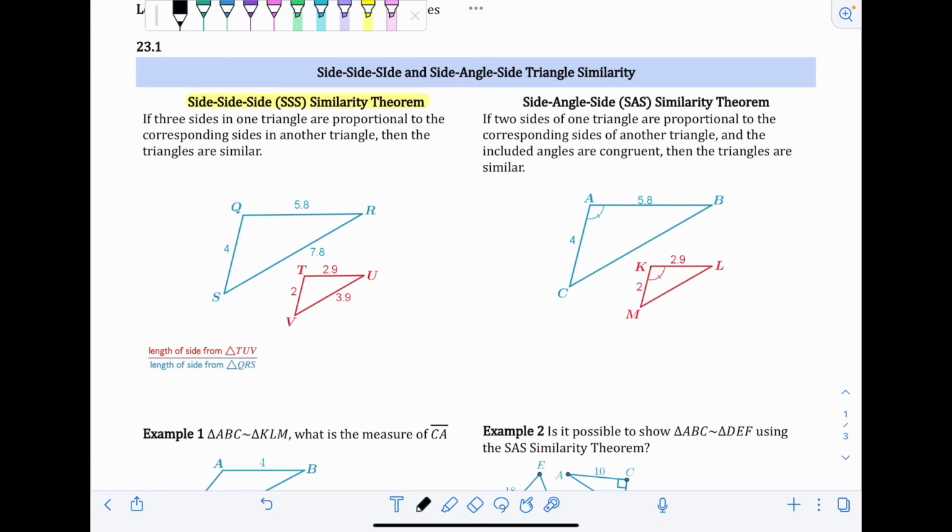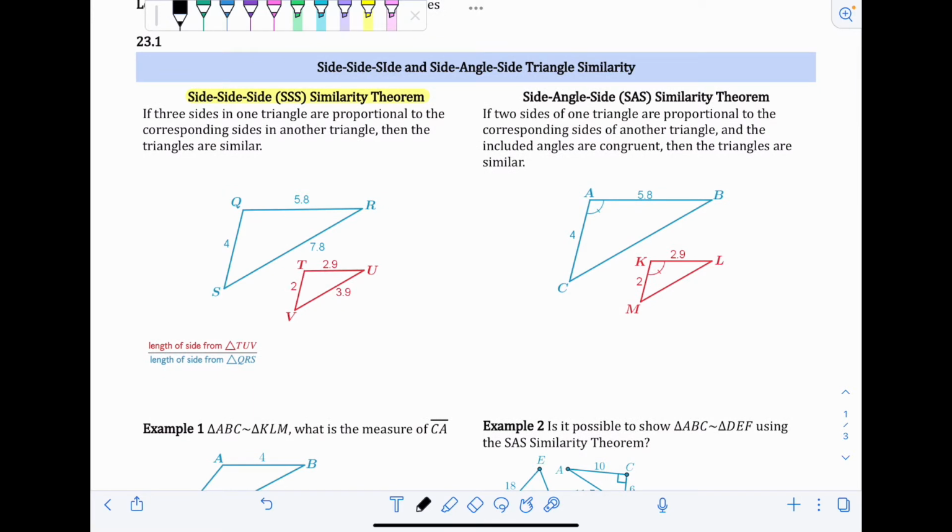Okay, so I'm going to set up the general ratios without the actual side lengths. We need to pair up all of the corresponding sides. The first pair of corresponding sides we'll use is UV corresponding to RS, so I'll say UV over RS.